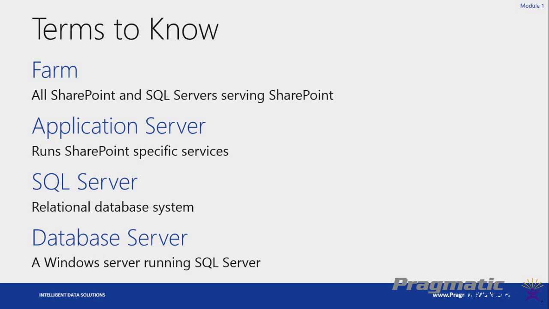Or that may be something like your Excel Services server, which we'll talk about, that actually handles rendering those Excel workbooks in the browser in order for them to show up on your screen. So an application server is simply a SharePoint server that runs a specific set of services. It can be one service or it can be multiple services all running on a single server.